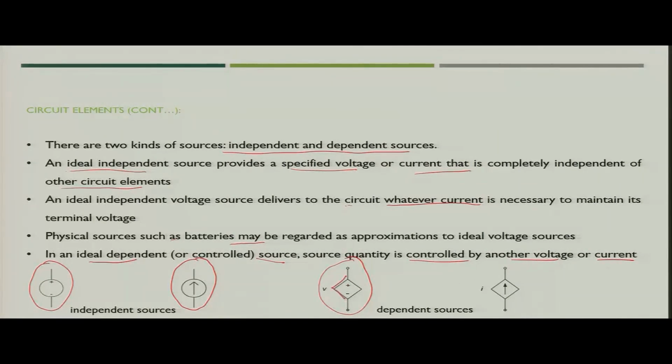It means that you will see a square as the representation, while in case of ideal you will see a circle. Similarly, in case of current, you will see a square as a dependent current source, and in case of an ideal current source it will be a circle. So, with this you can differentiate whether in the circuit there is an independent voltage or current source or a dependent voltage or current source.